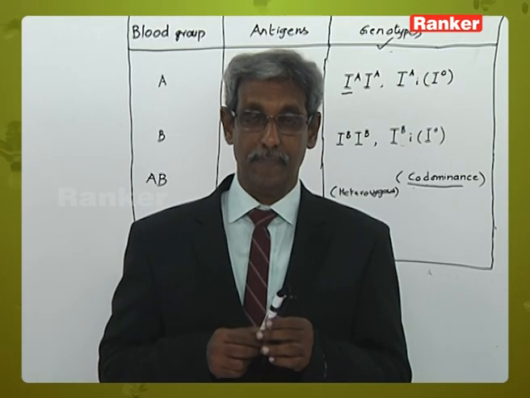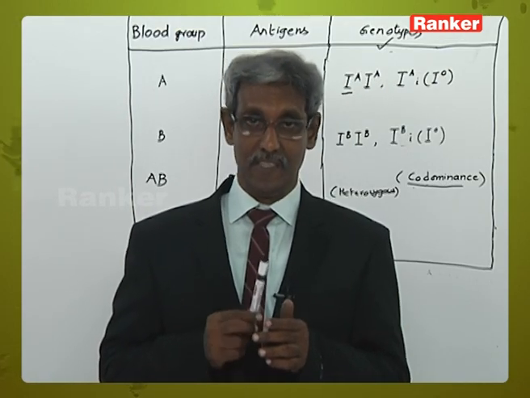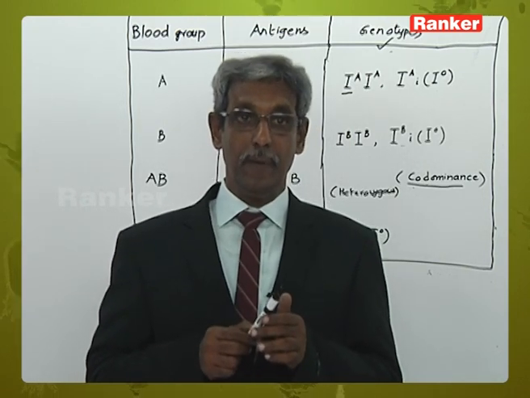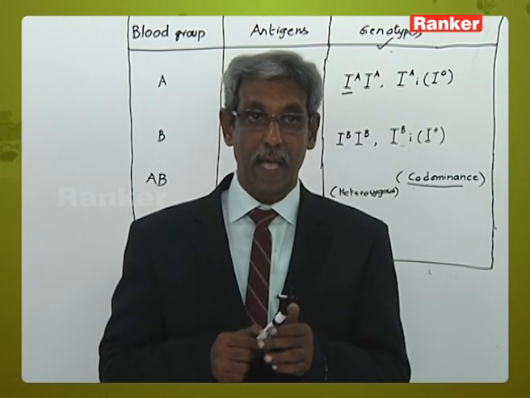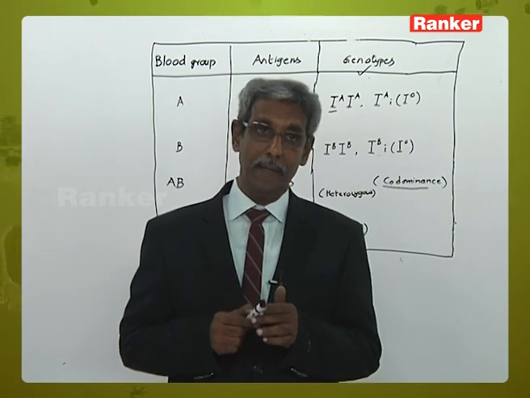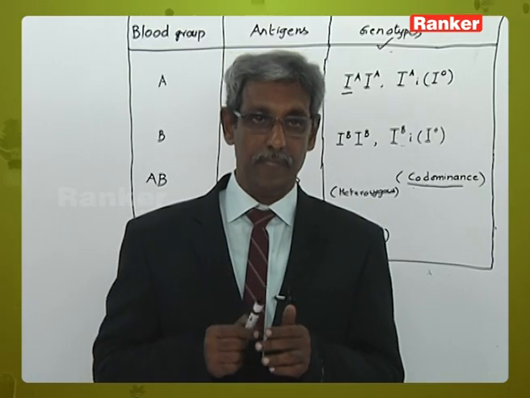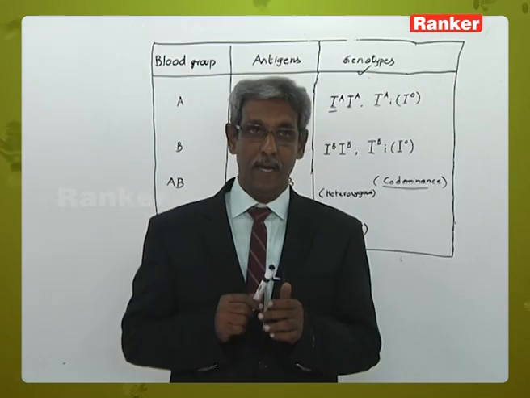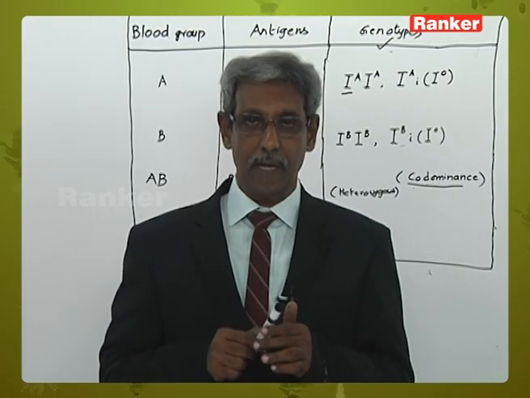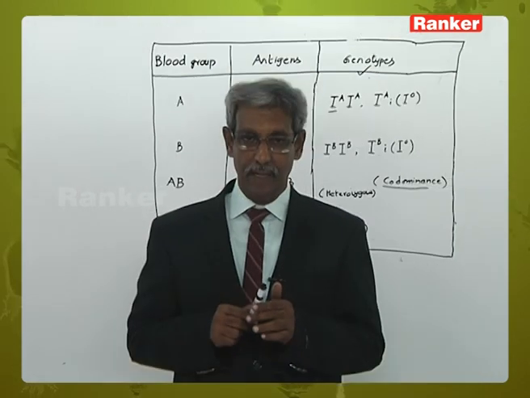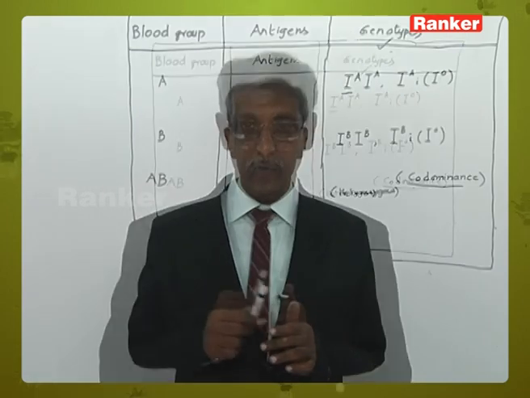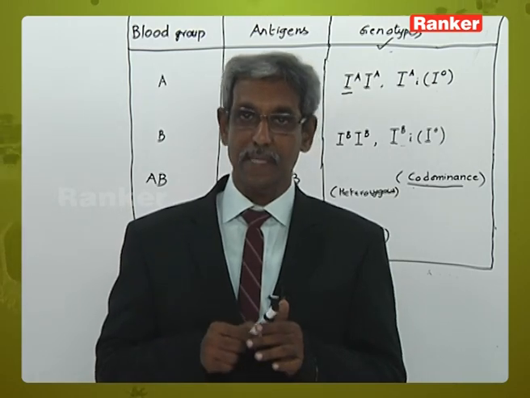The correct choice is that it shows dominance because there is a single gene, monogenic inheritance, in the form of I. Then again there is codominance, as you see in the case of A and B. And it's an example of multiple alleles because we have a cluster of genes at a particular locus: the A gene, the B gene and the O gene, and the genotypes expressed are IA, IB and i. Therefore, this choice includes dominance, codominance and multiple alleles.